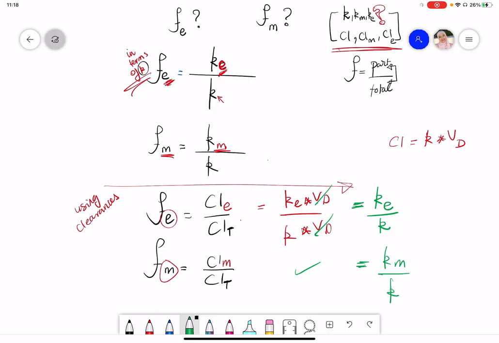So those are the fractions, and for sure the fractions are unitless because we have similar terms on both sides. And if I want them in percentages, let's say the percentage of drug excreted or the drug metabolized, you need just to multiply by 100.